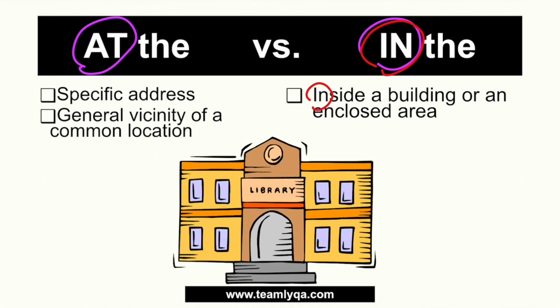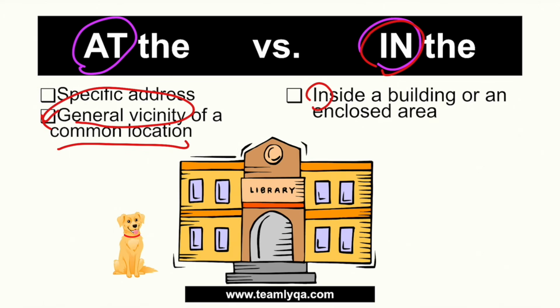Okay, the dog, sabi, is at the library. Pwede yon. Or Haley is at the library. Haley, by the way, is my dog. No? So, Haley is at the library. Now, bakit siya pwede? Kasi, ang library is a common location and nandun lang siya sa general vicinity nun. So, nandun siya sa area, sa library. Hindi mo alam kung saan specifically doon, pero around that area, nasa library siya.